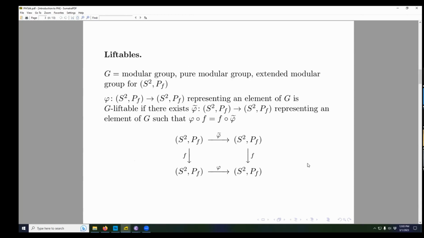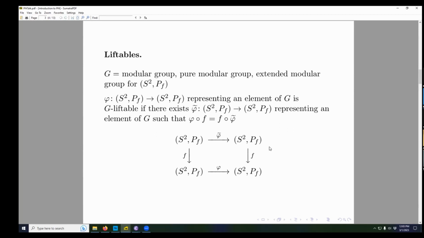Let's now discuss liftables. Let G be either the modular group, the pure modular group, or the extended modular group for the square pillowcase. Let phi be a homeomorphism of the square pillowcase representing an element of G. We say that phi is G liftable if there exists another such homeomorphism, phi tilde, representing an element of G, such that phi circle F equals F circle phi tilde.